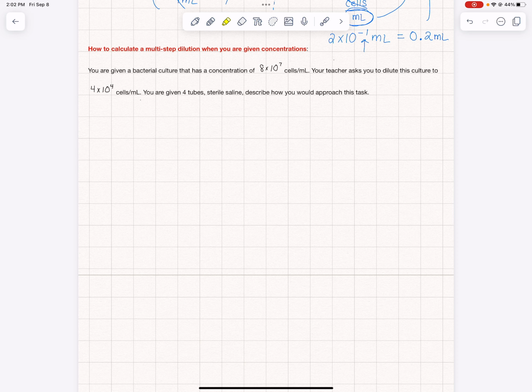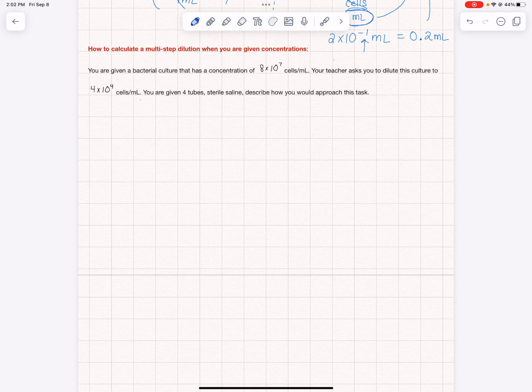We are given 4 tubes, some sterile saline, and we need to now describe how we would approach this task of diluting. So, the first thing I would do is write out our concentrations.